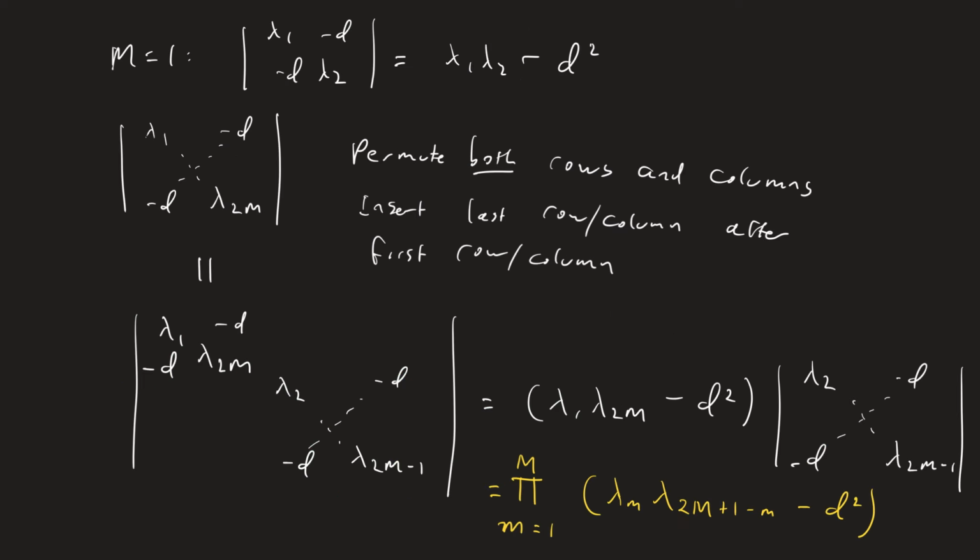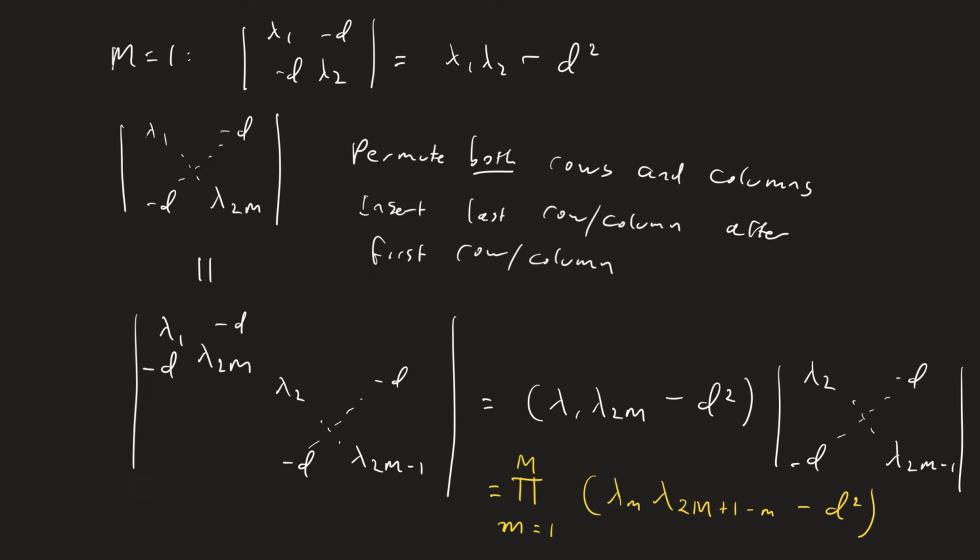If M equals 1, then the block structure just looks like this, and we can calculate the determinant using the straightforward rule that the determinant of a 2 by 2 matrix is this times this minus this times that. In the general case, the trick is that we can permute both the rows and the columns in the same way without changing the determinant.